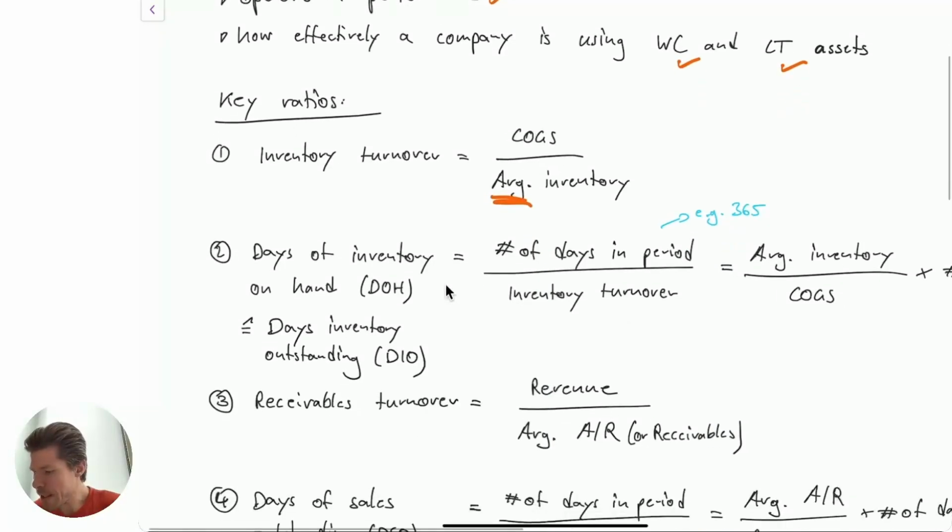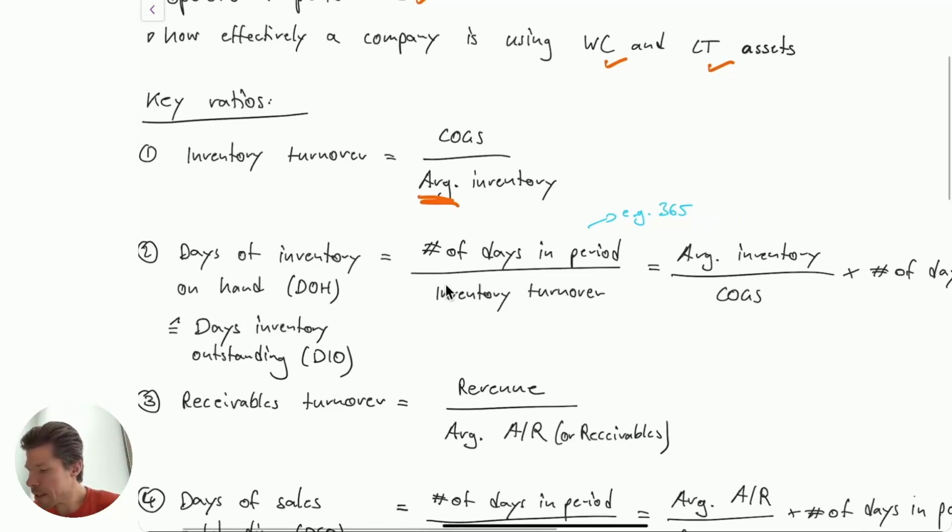The next one is days of inventory on hand, also called days inventory outstanding, DIO. The formula is number of days in a period. So it really depends on what period you're looking for. If you take average inventory, for example, beginning of the year and ending of the year, divided by 2, then you're looking at 1 year.